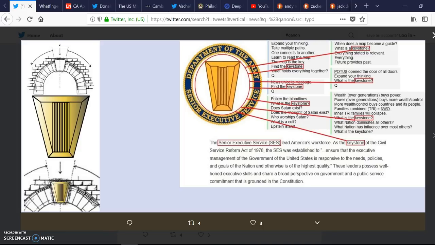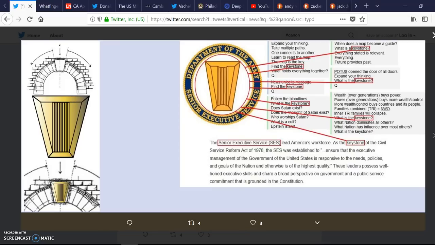It's the Senior Executive Service, the SES, Leading America's Workforce. As the keystone of the Civil Service Reform Act of 1978, the SES was established to, quote, ensure that the executive management of the government of the United States is responsive to the needs, policies, and goals of the nation and otherwise is of the highest quality, unquote.